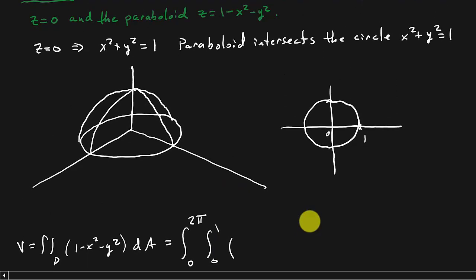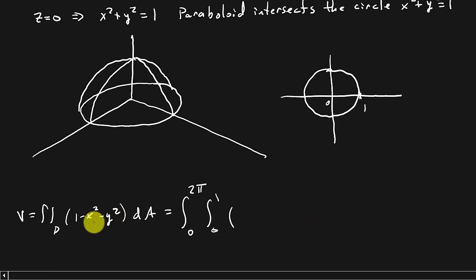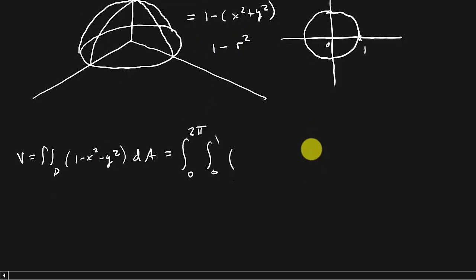function? Well, we have to convert this to polar form, and so let's see, I'll do it right here. We got 1 minus x squared minus y squared. Well, that's equal to what? 1 minus x squared plus y squared, right? If I factor out a negative. And so if we do that in polar form, that's 1 minus r squared.